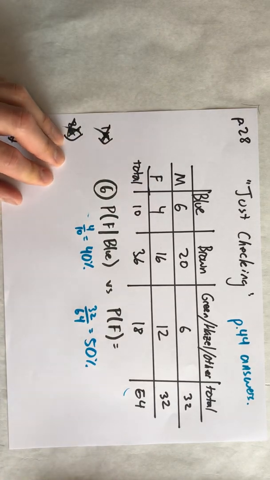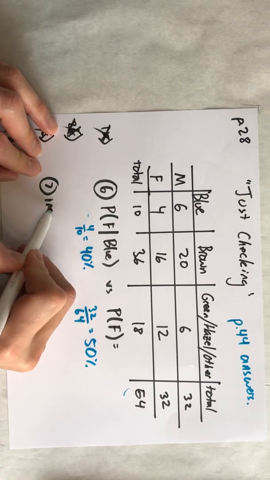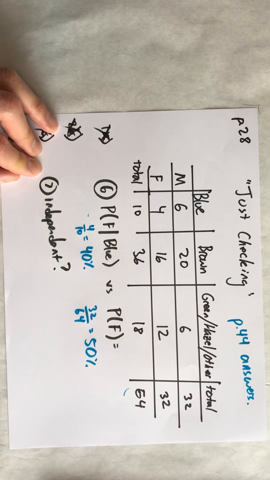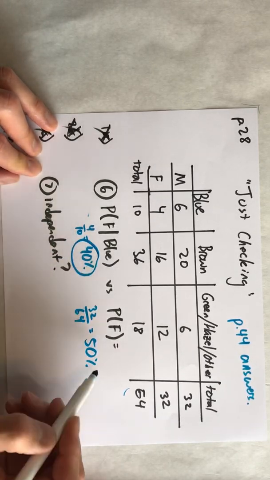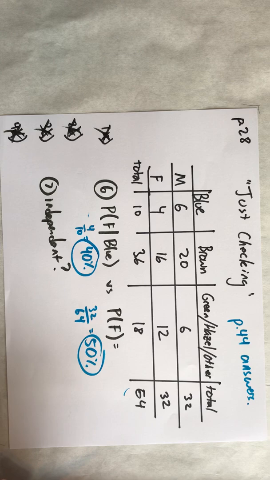Okay. So in number 7, what they're saying is, are they independent? Okay. So we're comparing this 40 to 50%. What they're asking is, if we knew a person had blue eyes, does that tell us anything about their gender?